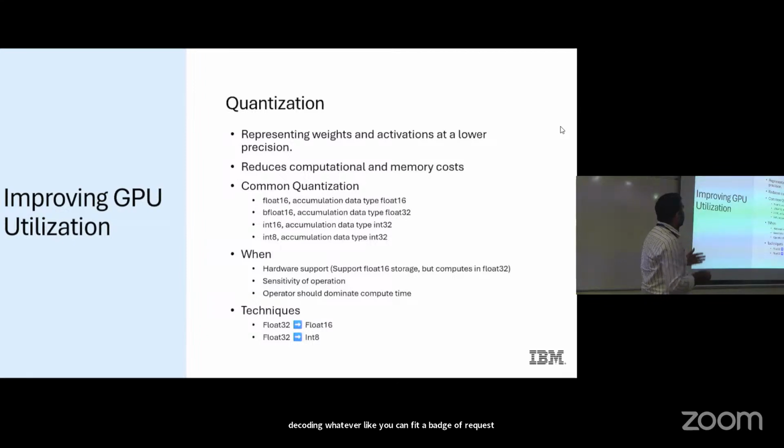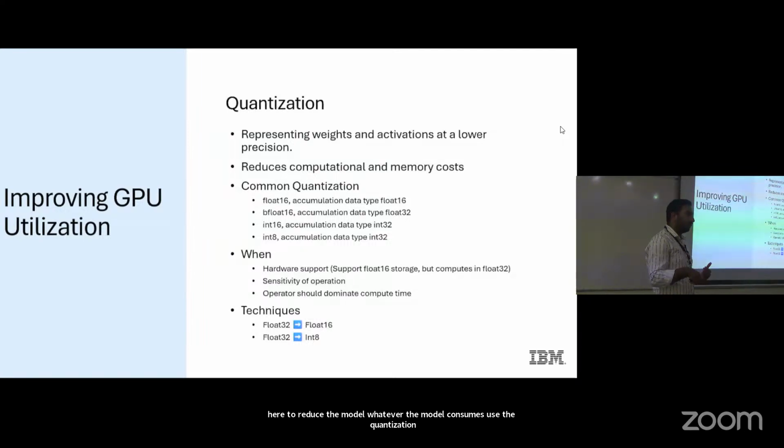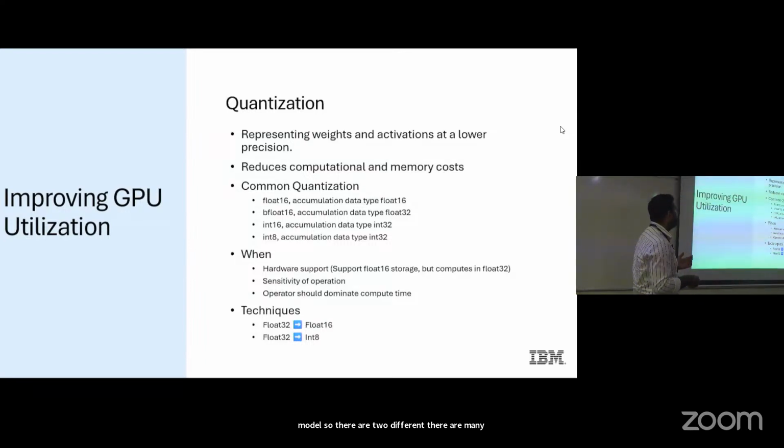To reduce the memory the model consumes, you use quantization. You use a lower numeric and accumulation type to represent the model. There are many quantization techniques, and the most used are float 32 to float 16 and float 32 to int 8.